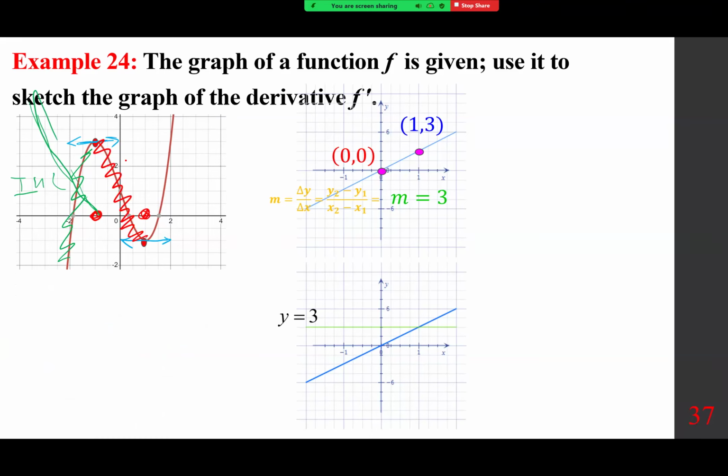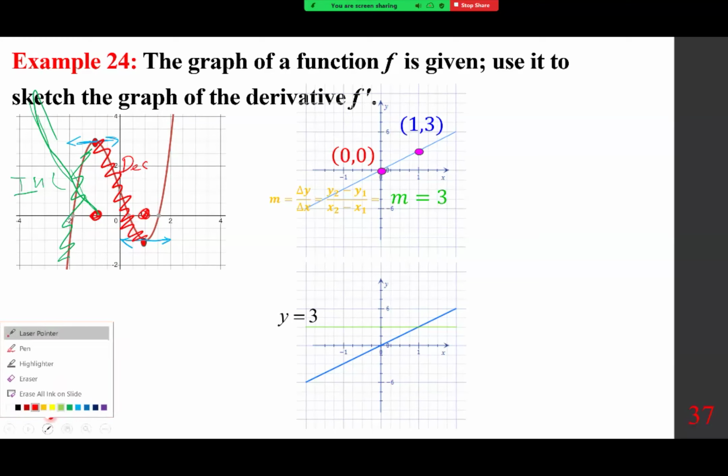This portion is decreasing, right? So that means below the x-axis, but I want to make sure everybody understands what's happening. This is entirely below the x-axis, but this corresponds to 0, and this corresponds to 0. So although it's below the x-axis, it has to come back up at some point. We may not know exactly when, but it has to come back up. Let me use a different color on that.